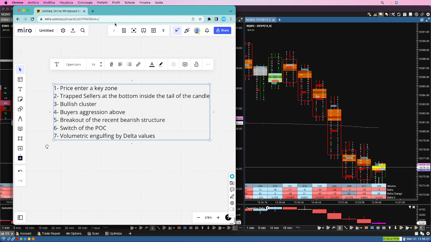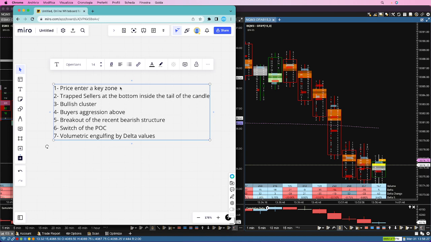to see it. So the checklist is: price enters a key zone. This is a very important premise. I mean, this trigger does not work always. It works very well only when price reaches a precise key zone.